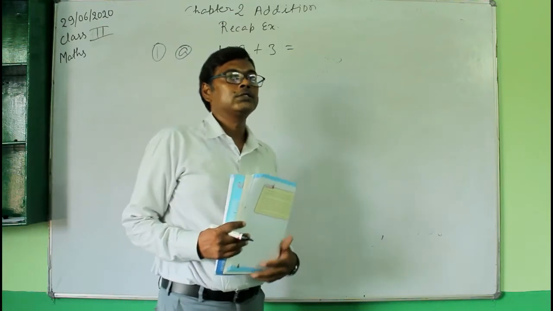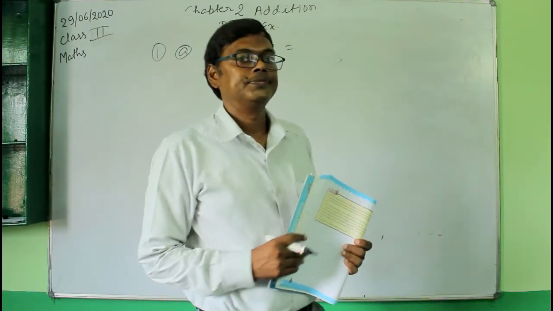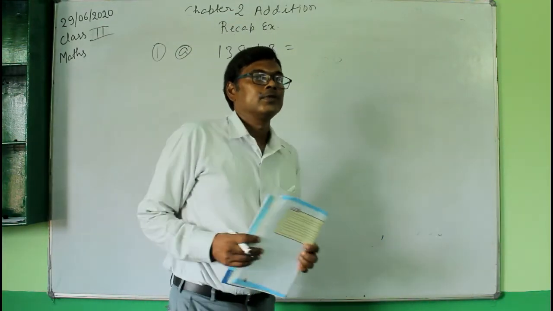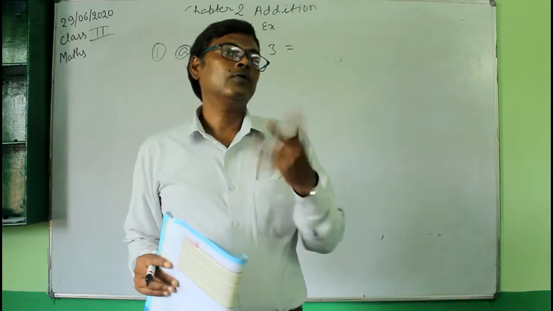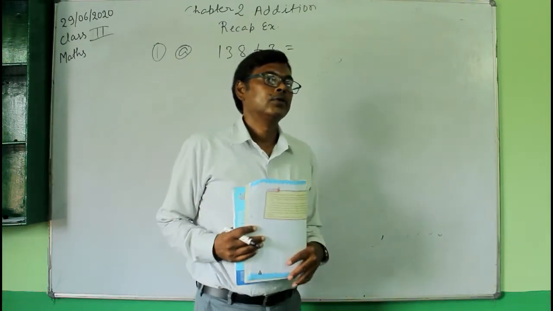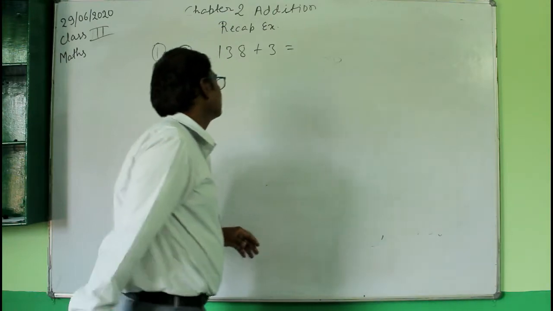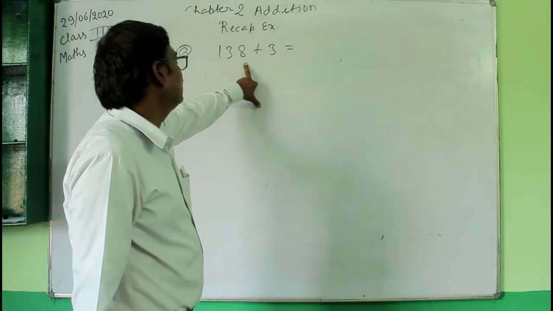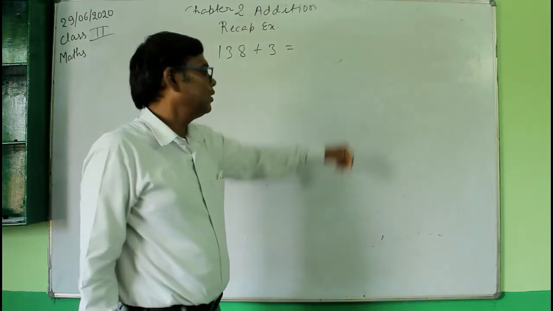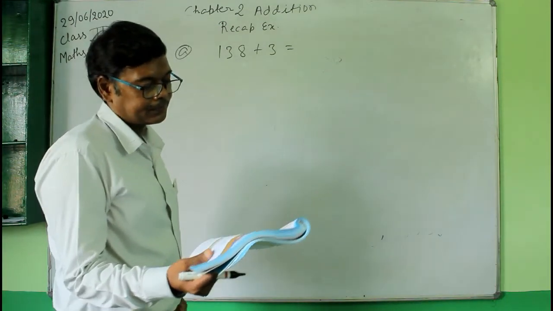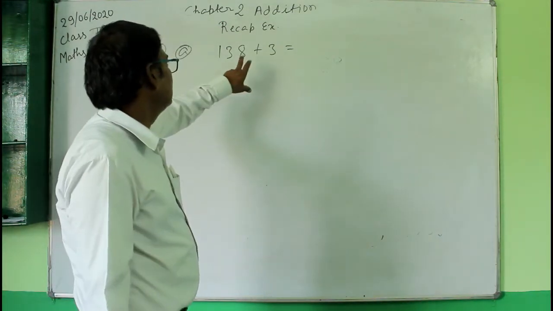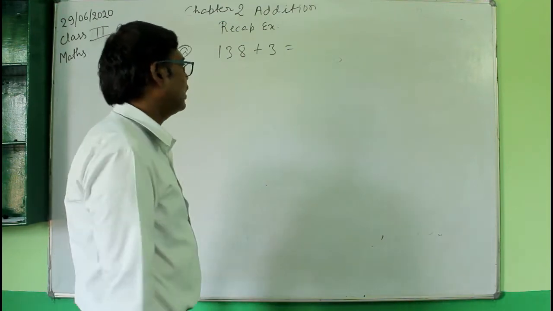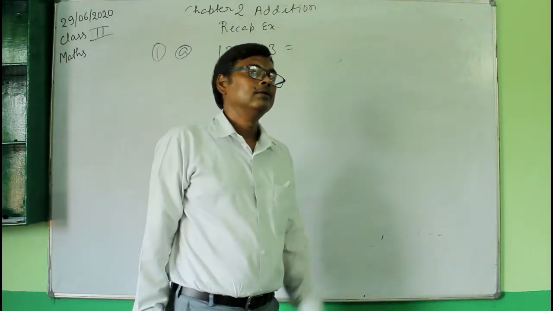So can you find the sum of these two numbers? If you can, solve it in your mind and then give the answer. See here, it is 138 and here it is 3. How much will it be if you add mentally? Here, 8 plus 3, how much is that?